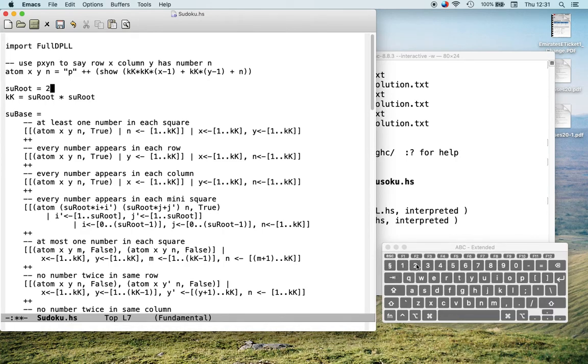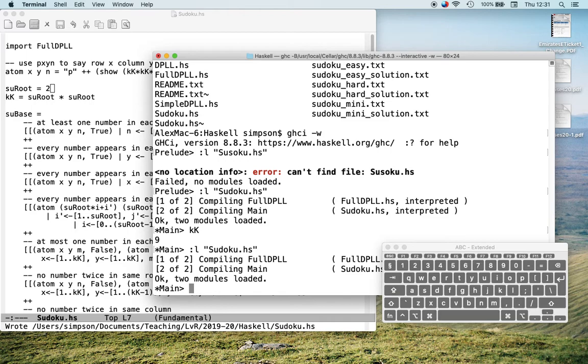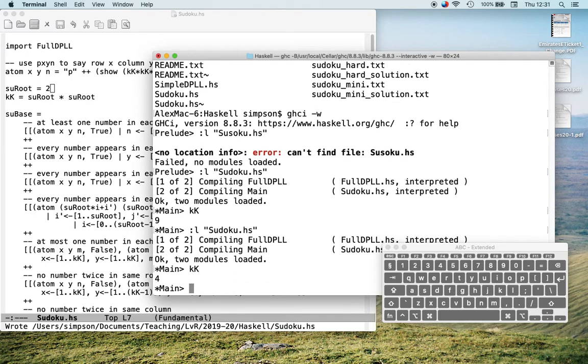So let's set that to 2, and I'm going to save that. Now at the moment if I look at kk, we see it's 9. So I need to load again. Loading it again, we should now see that kk is 4.